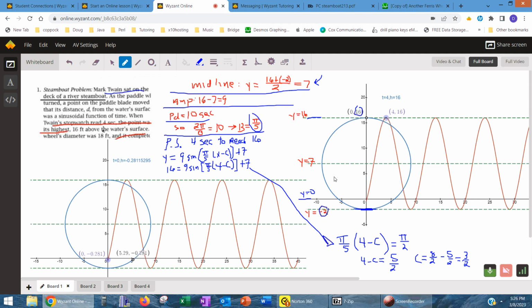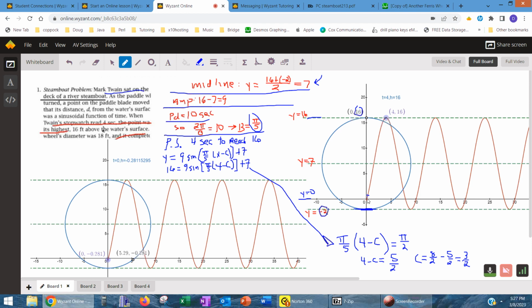Okay. Now, the key to this problem is understanding that there has to be a phase shift, because it only takes 4 seconds for this point that Mark Twain spots to get from where he spots it to the high point.